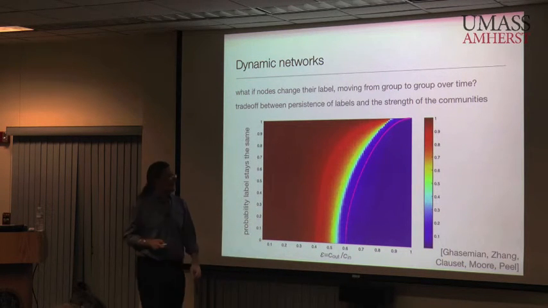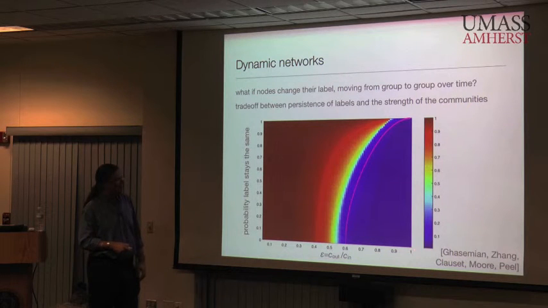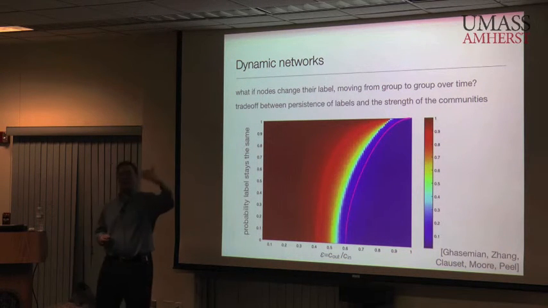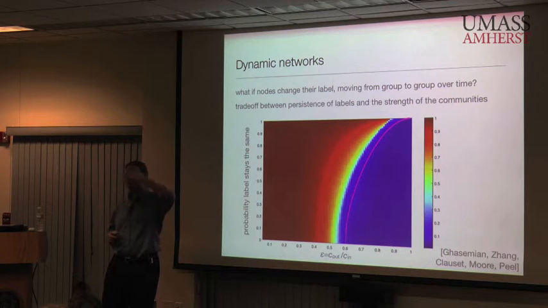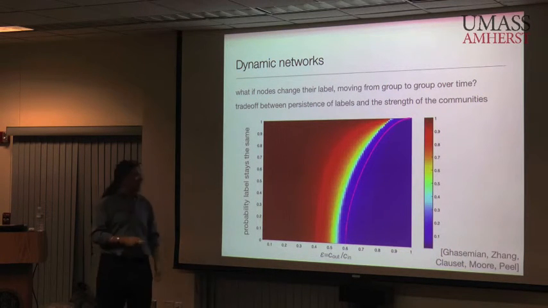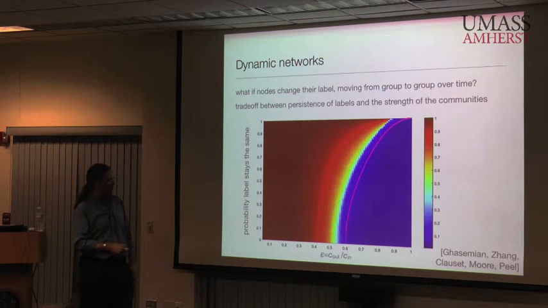Okay? So if you don't retain your label from one step to the next, if it's random every time, then each snapshot is a completely separate network. So we just have to treat each snapshot separately. And then the threshold is where it was before.